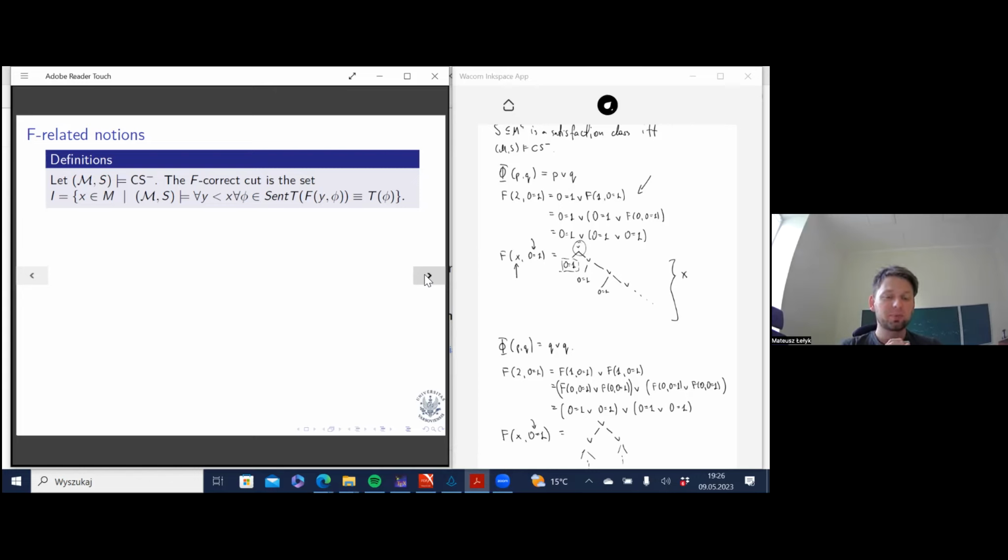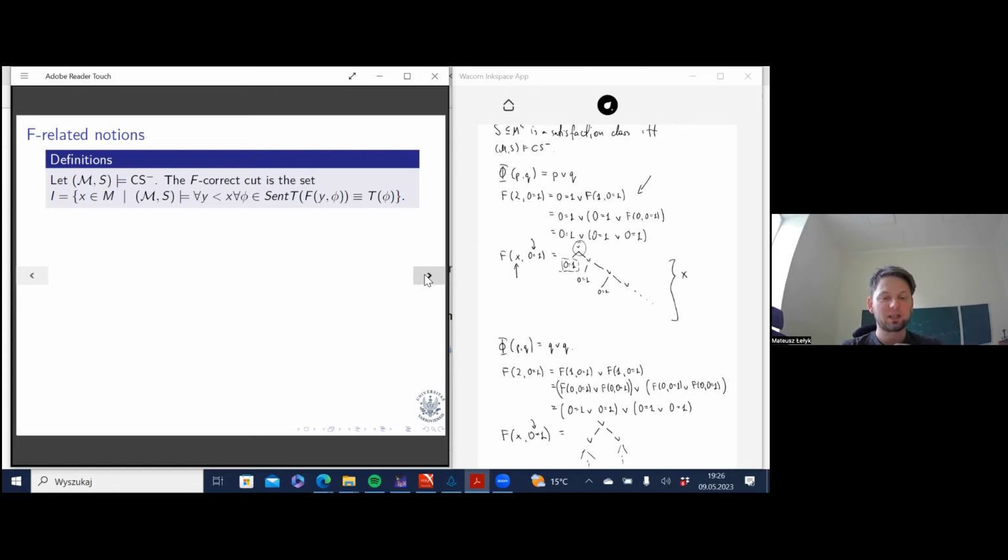What you observed previously in the standard world is that for a standard number n, f of n phi is equivalent to phi, for arbitrary phi. Now we ask which cuts.